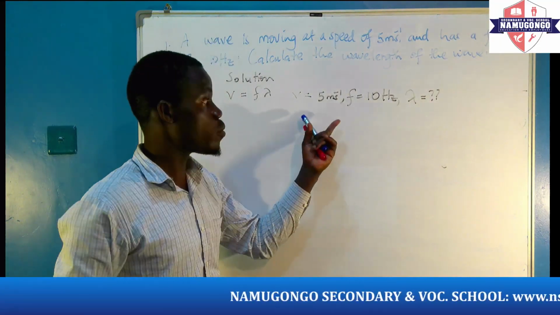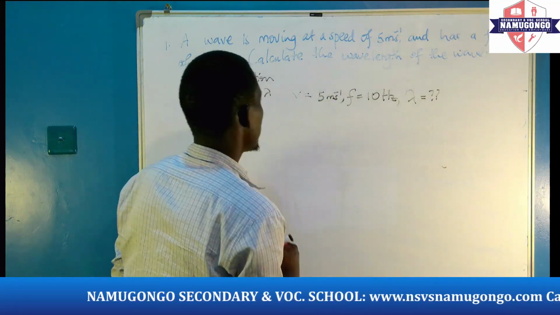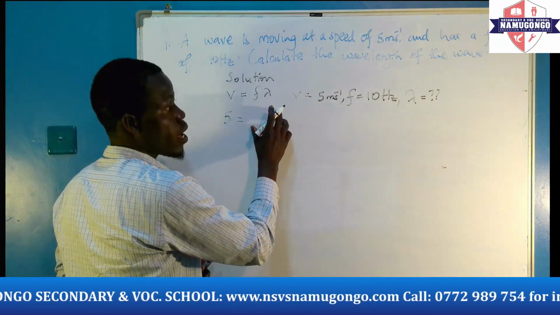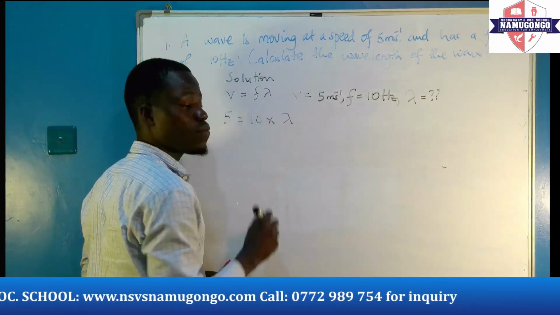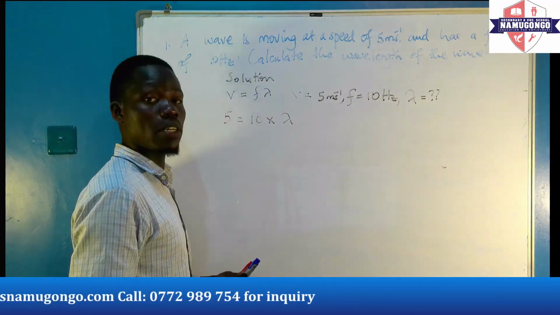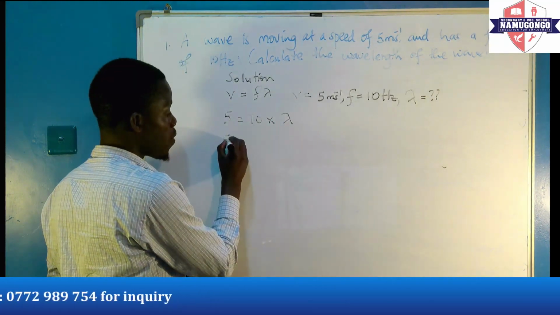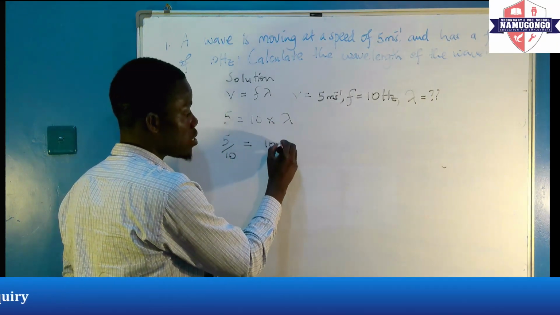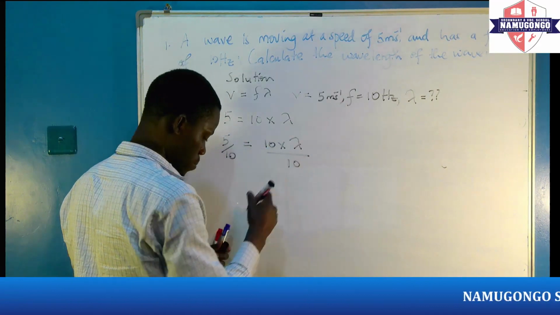So we are going to pick these values and substitute them in the formula. So we shall have 5 is equal to F, which is 10 times the wavelength. How do we make the wavelength the subject? We divide through both sides by 10. So we shall have 5 divided by 10 is also the same as 10 times lambda divided by 10.